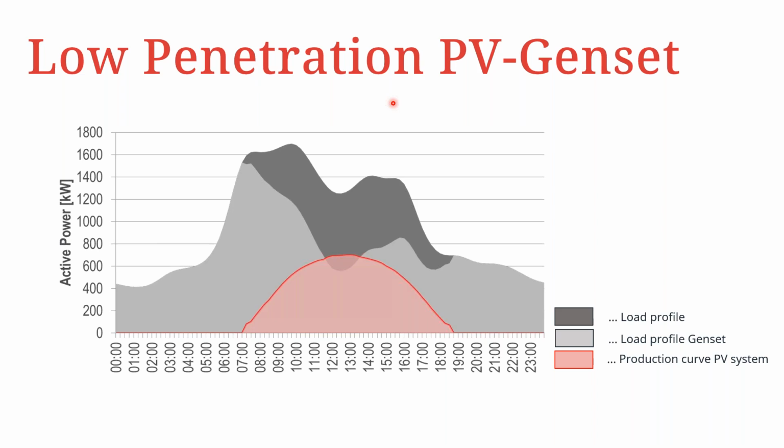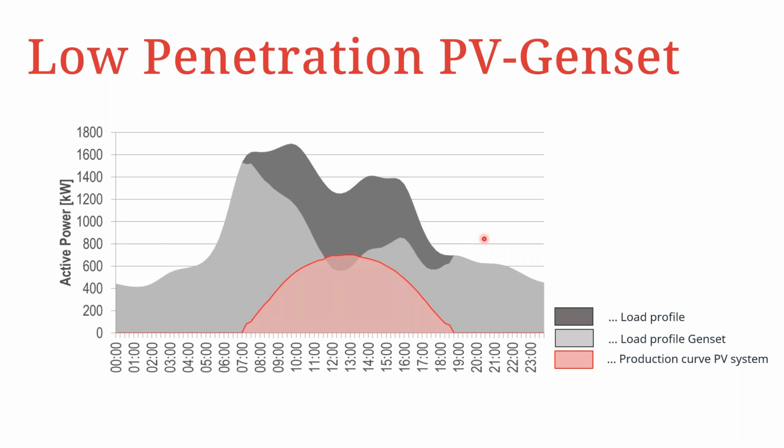So if you have a PV capacity that is, say, 20% of the capacity of the genset, then it is not absolutely necessary to use a PV genset controller, because of the low penetration. It doesn't present any danger at all to the genset, even in the case of low or high irradiation, okay?